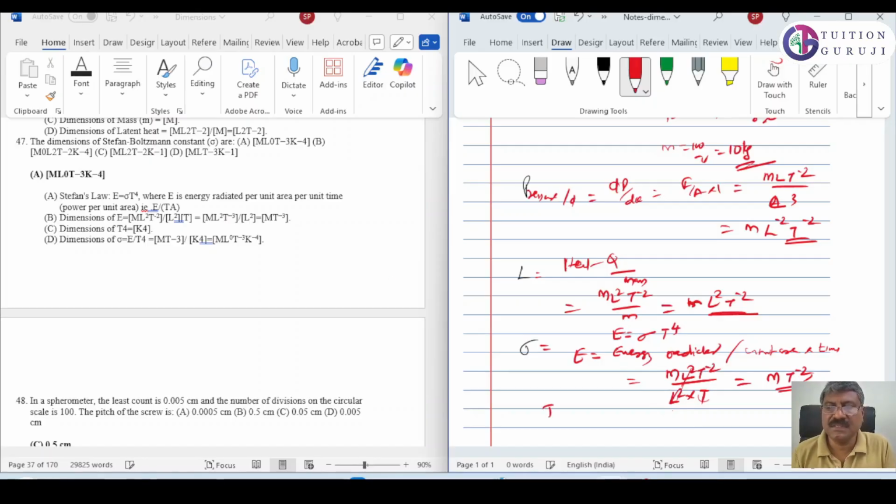Now T raised to 4 is temperature raised to 4, that is Kelvin raised to 4. Therefore, Boltzmann's constant is equal to E by T raised to 4. E is M T raised to minus 3 divided by K raised to 4. So it is M T raised to minus 3 K raised to minus 4.